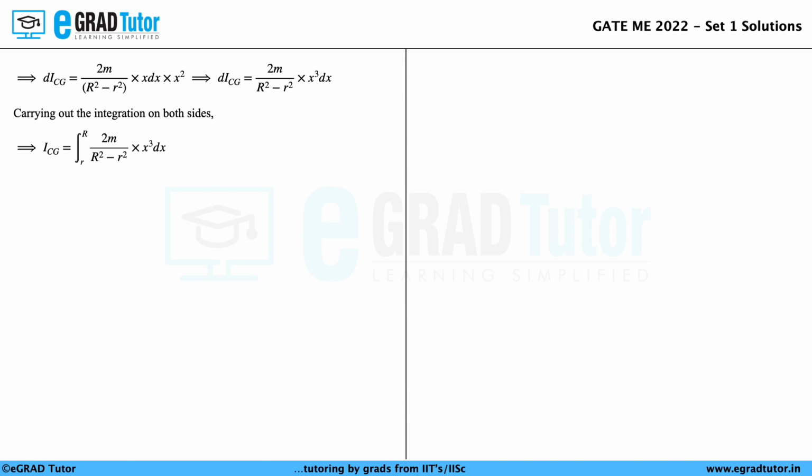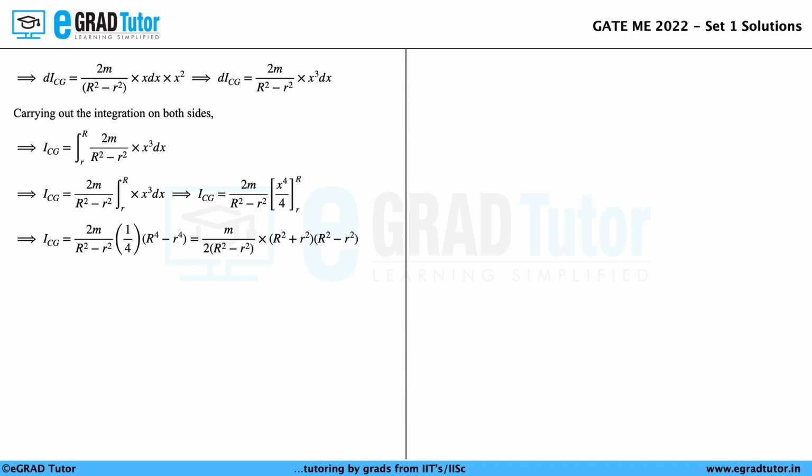From this integral on the right hand side, 2m by capital R square minus small r square can be taken outside the integral, and upon simplification, we get the moment of inertia about the center of gravity as 2m by capital R square minus small r square into x power 4 by 4 with the limits small r and capital R. Upon substituting the limits and simplifying, we get the moment of inertia of the disk about the center of gravity as m by 2 into capital R square plus small r square.